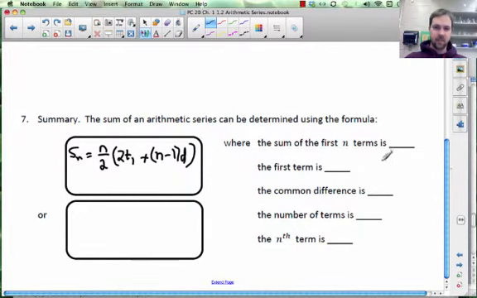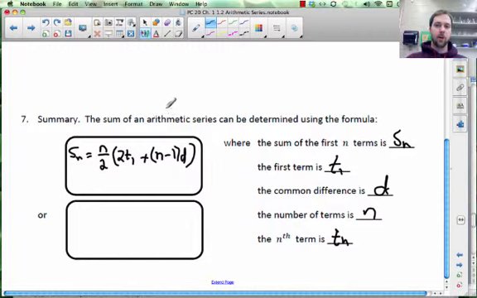where the sum of the first n terms is S sub n, the first term is t1, common difference is d, and the number of terms is n, and the nth term, I'm going to show you in a second, is tn.